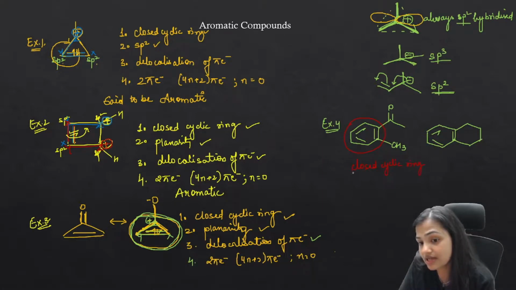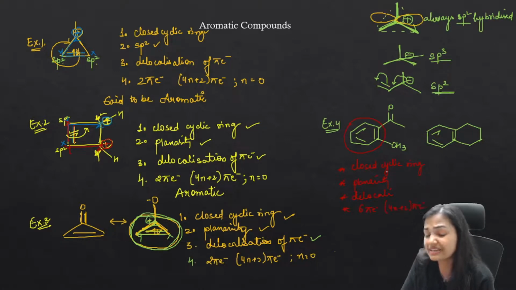You would also say that here every atom is planar, there is planarity, there is delocalization, and the number of pi electrons is 6 pi electrons. Ultimately this obeys the 4n plus 2 pi electron rule, and guys we can't ignore that this is a benzene, and we know that this is a benzenoid compound.